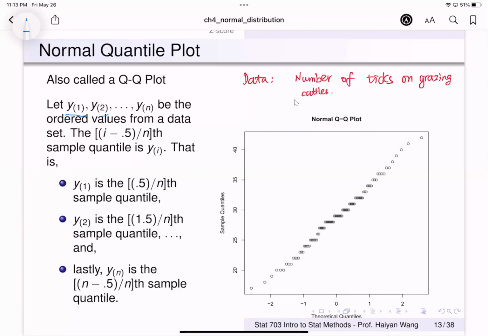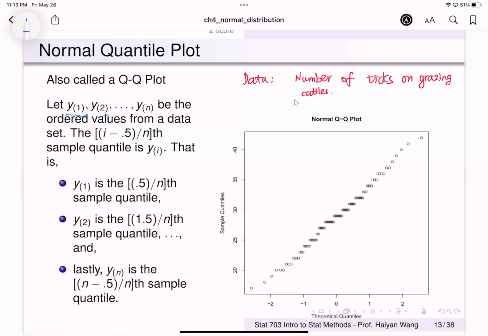Generally, we do not really observe those that are even smaller. So we put this slight adjustment of 0.5 on each of those computations of the percentages. So the smallest is the (1 minus 0.5) divided by n percentile. The second smallest is the (2 minus 0.5) divided by n percentile. If n is 100, then the second smallest is the 1.5 percentile, the third value is the 2.5 percentile, and so on. So these are the percentiles.